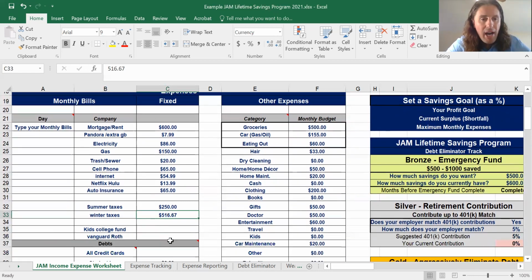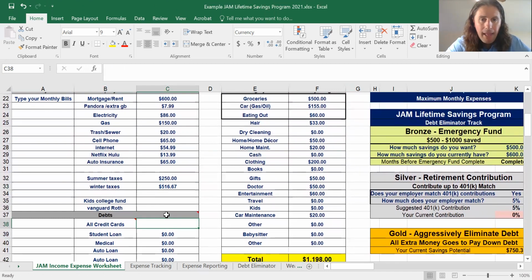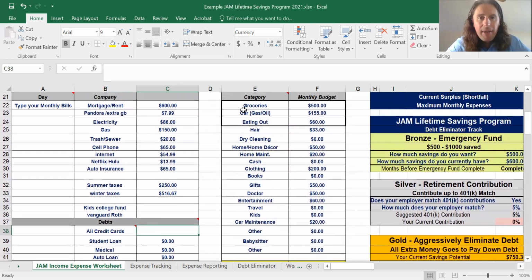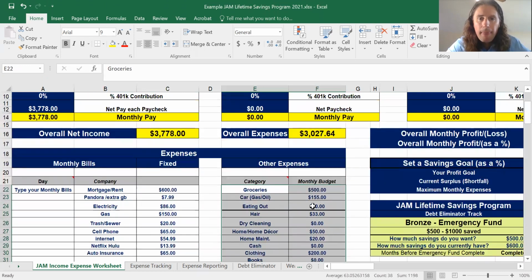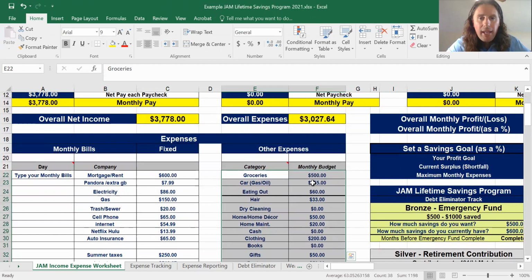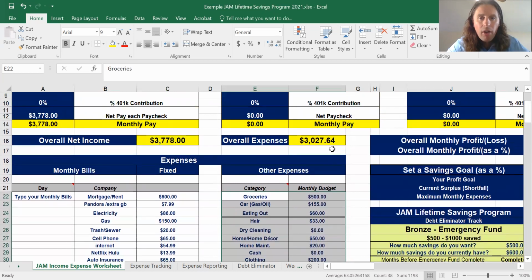Then we've got any debts. In this case, I'm going to use the first example where we don't have any debts, and then I'll double back and we'll start adding some debt information. Here we've got the budget written out, and this comes down to both fixed bills and discretionary to get to our overall expenses. Right now it's looking pretty good.